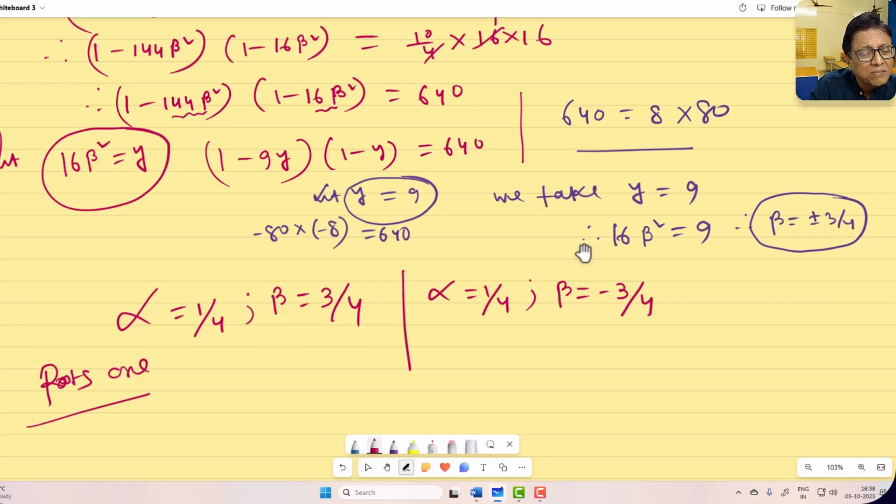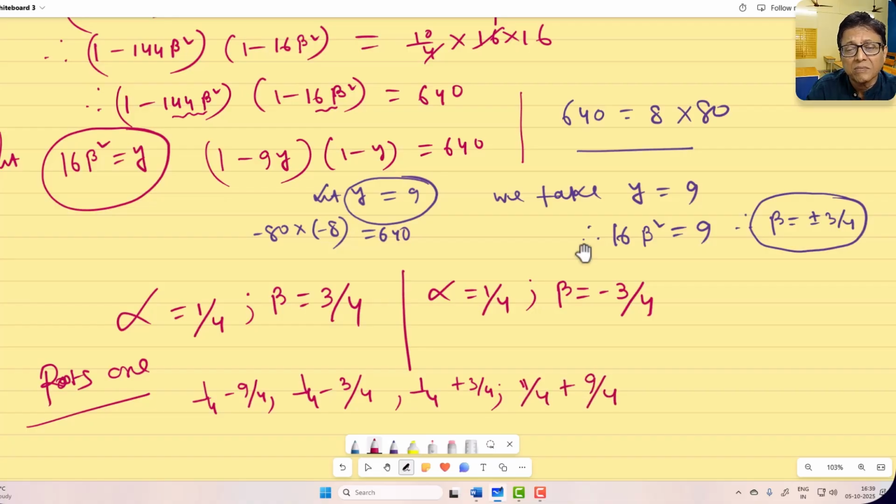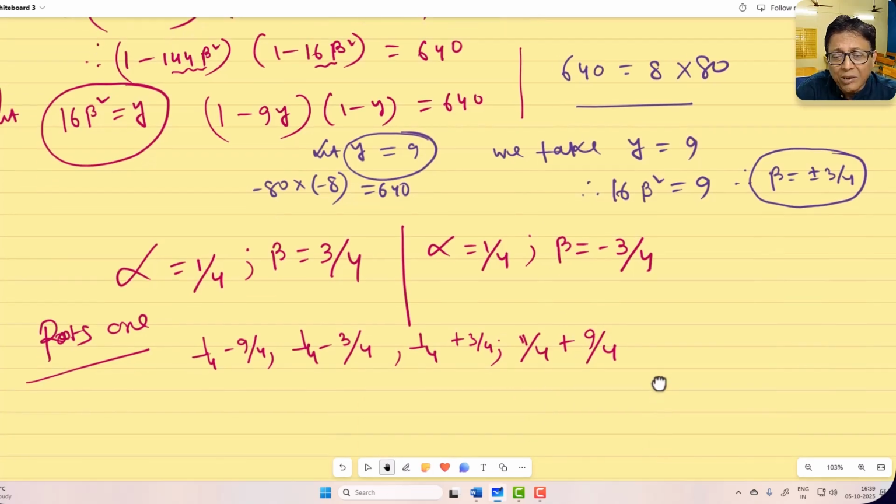Roots are alpha minus 3 beta, alpha minus beta, alpha plus 3 beta, alpha plus beta, and the next one is alpha plus 3 beta, isn't it?